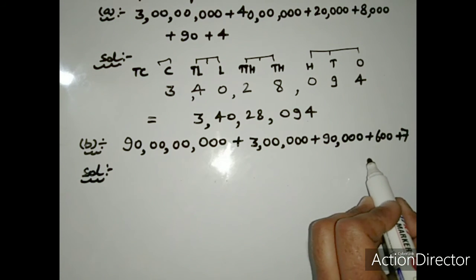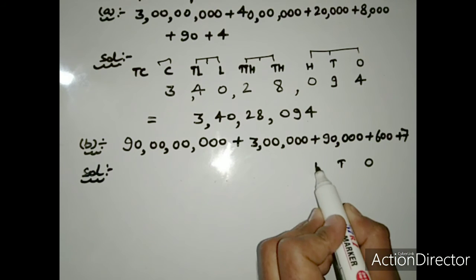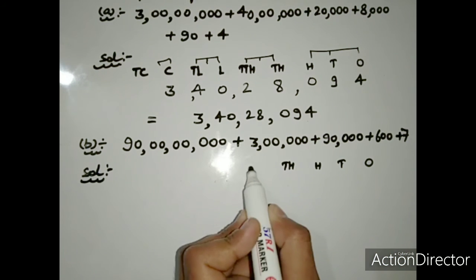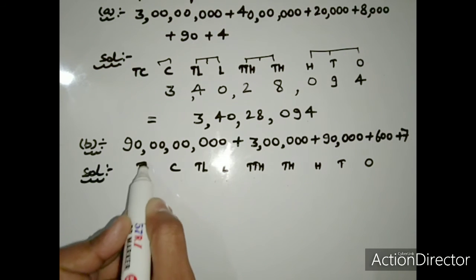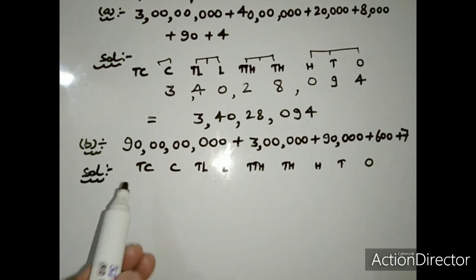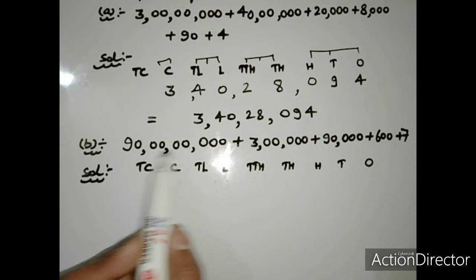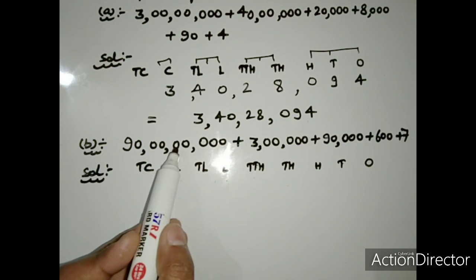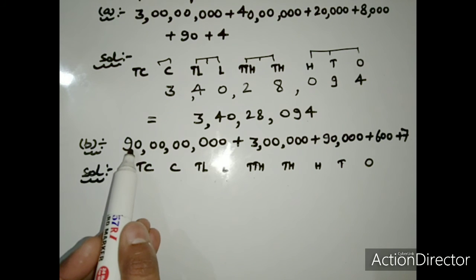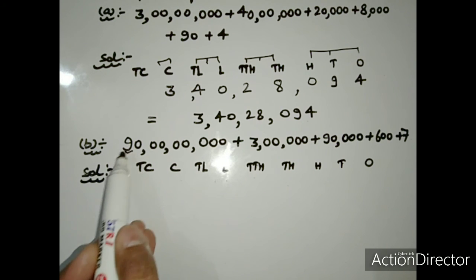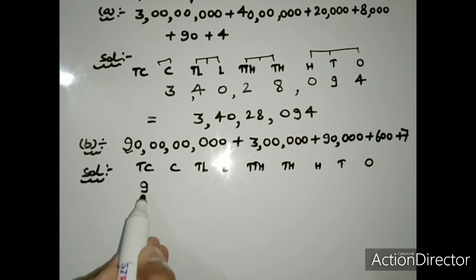So here first we write the places: ones, tens, hundred, thousand, 10,000, lakh, 10 lakh, crore, and 10 crore. First we start from the first number: ones, tens, hundred, thousand, 10,000, lakh, 10 lakh, crore, 10 crore. So in the place of 10 crore, here we fill 9.